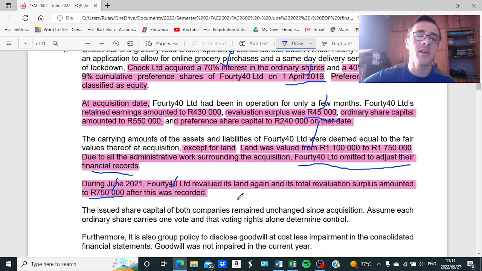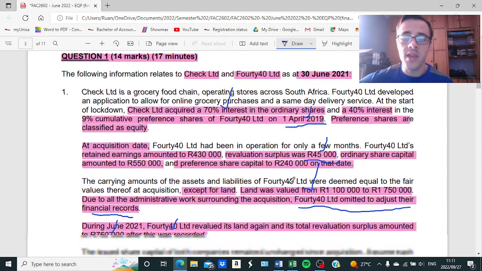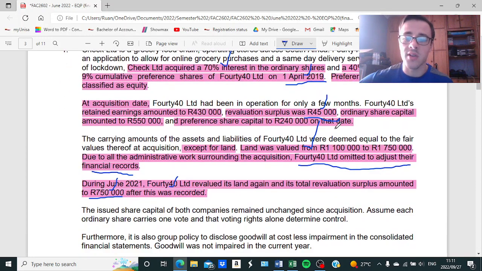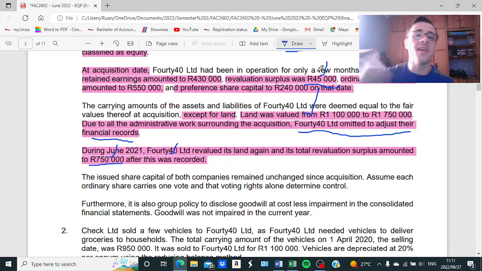So it is included in the balance on 30 June 2021. So we just interpret it as, we only need to adjust the given revaluation surplus amount at acquisition by the amount that was not recorded, and then the difference between the actual balance.